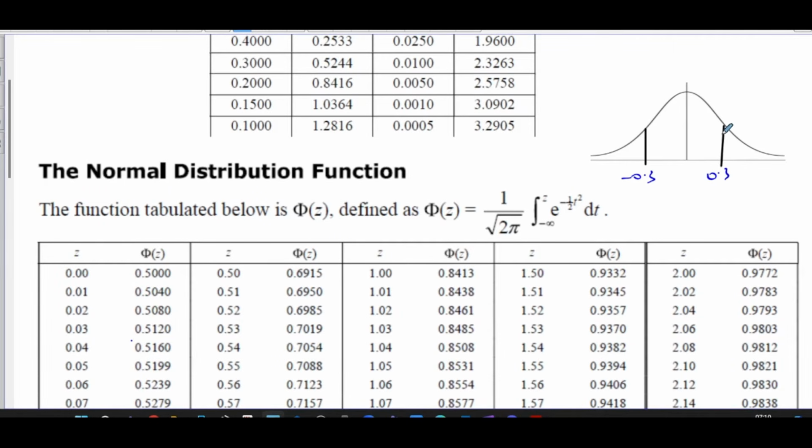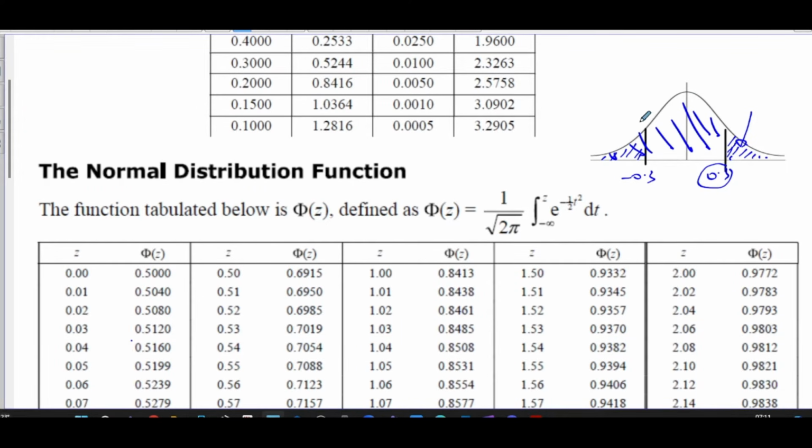It's not drawn that well, but we have to realize that there's some sort of symmetry here. The area that we're looking for, over here, will be the same as this area, which we can't find directly from the table. What the table does tell us, if I go to 0.3, is the area to the left of this, all of this area over here.